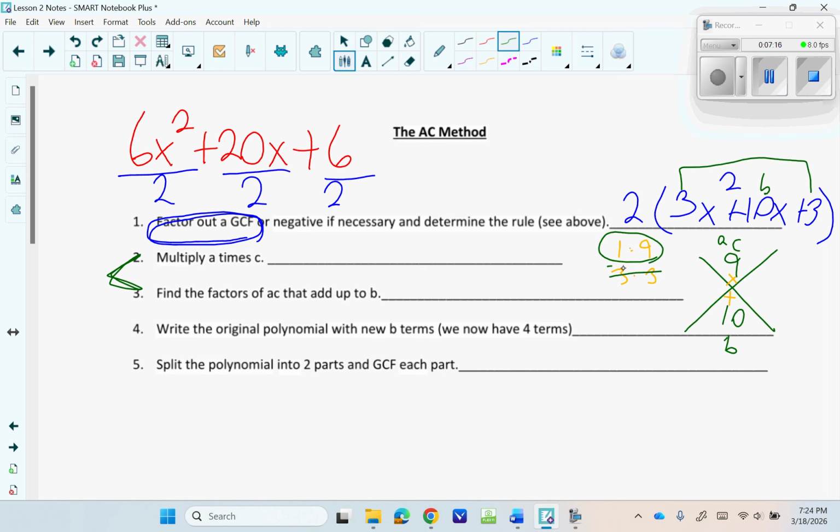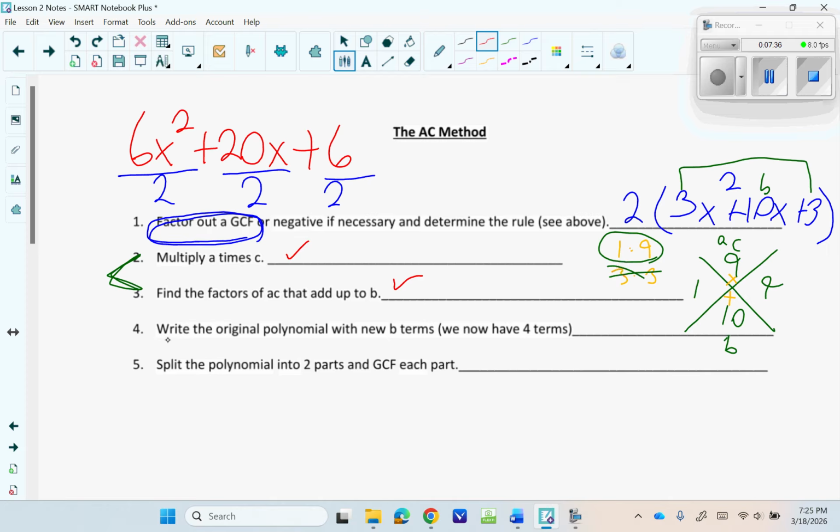So that one is the only one that works. So 1 and 9. So again, let's do this one more time. So 1 times 9 is 9. 1 plus 9 is 10. So we know that that works. Okay, so that is this one and this one.